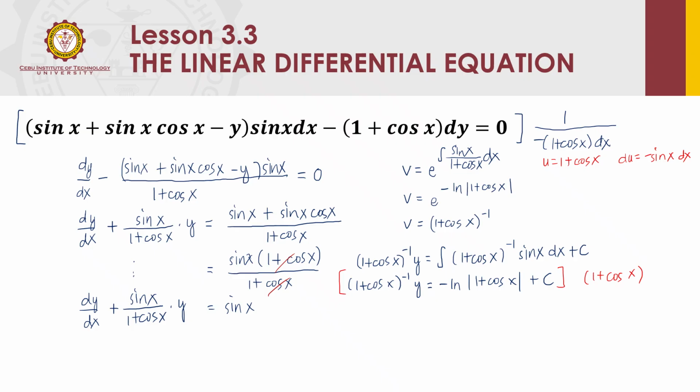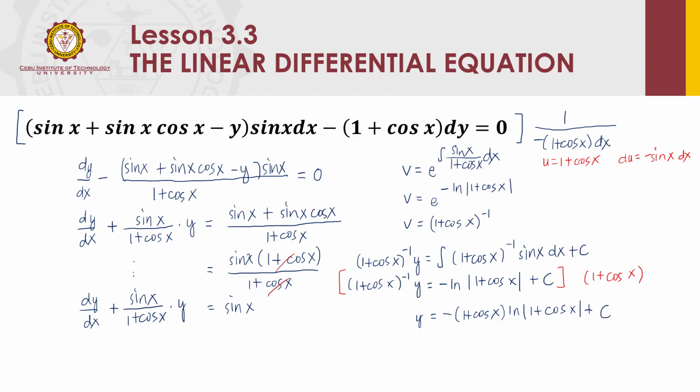So if we remove that one with a negative sign, we can write the solution as y is equal to negative of 1 plus cosine x. You write the algebraic function first before the logarithmic function so that you don't need to put many grouping symbols.